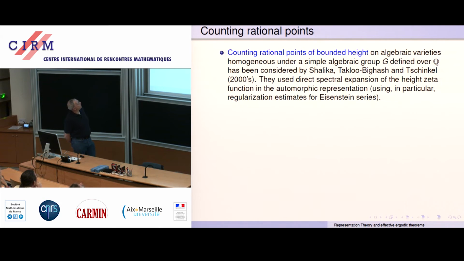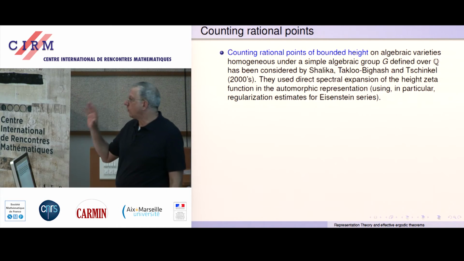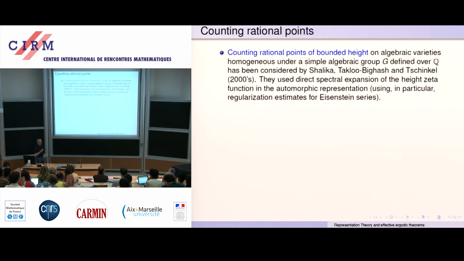And one can try to count them, count rational points of bounded height, or if you like, rational points of bounded denominator on algebraic varieties homogeneous under a simple algebraic group defined over Q. And in particular, this was considered for the group variety. The group variety is the most basic case, perhaps.